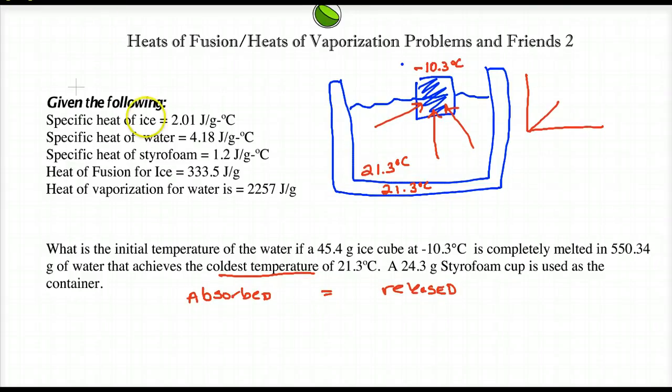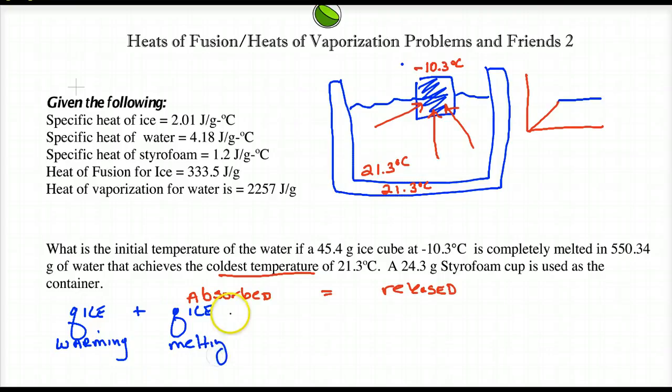Well, we have the Q of the ice warming, plus the Q of the ice melting, plus the Q of the ice that's now going to be what? Water. So the Q of the ice that's now water heating up. Hard to say what it is. Heating.